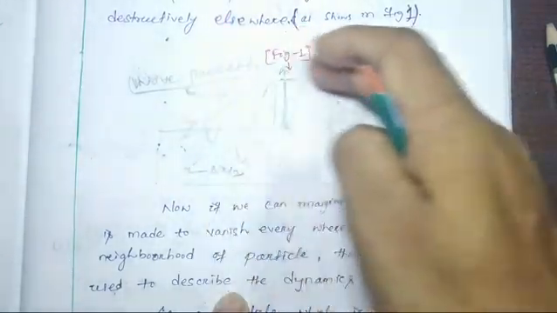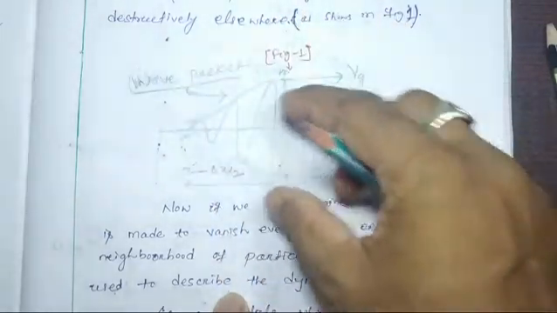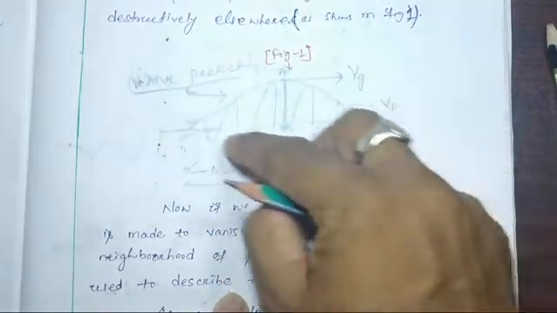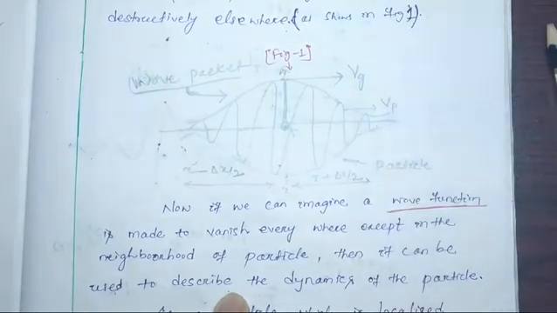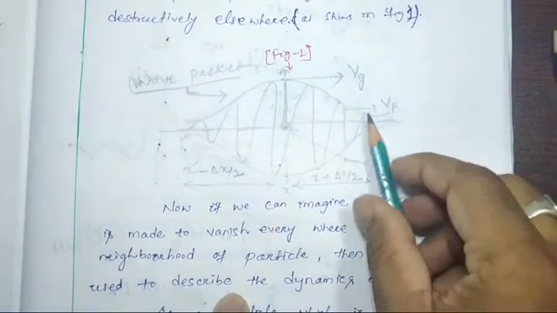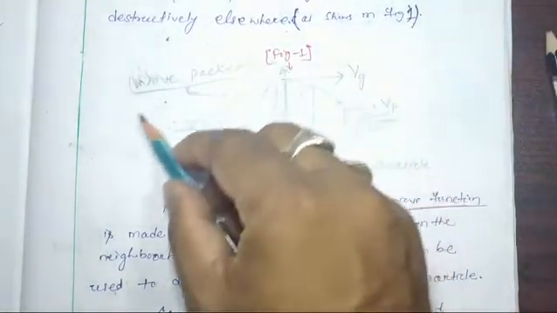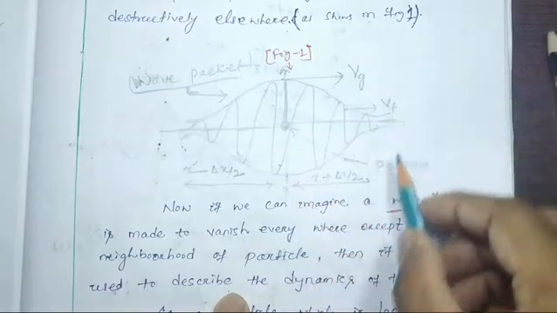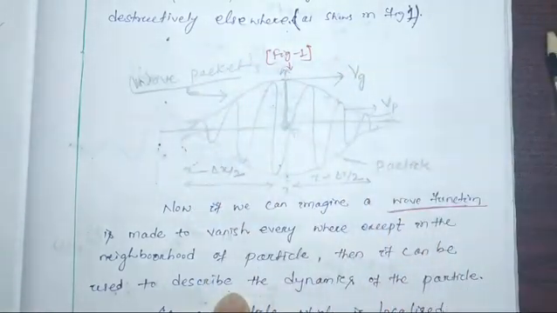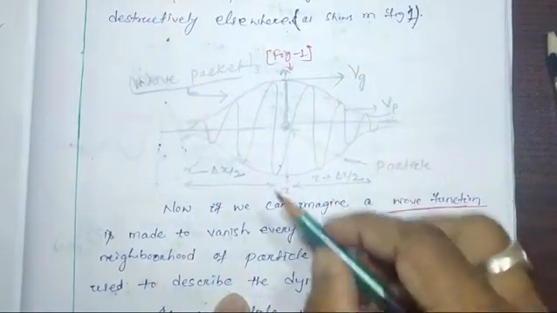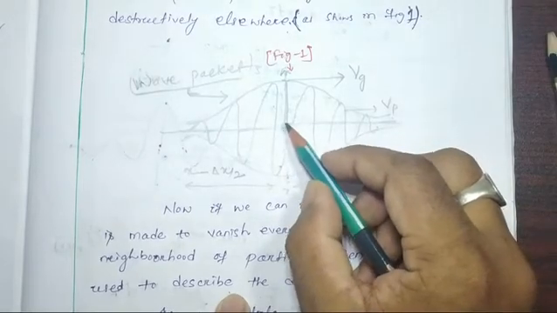If we consider this total thing, the wave function vanishes everywhere else, in every other part, except in the neighborhood of the particle. Neighborhood means nearby.